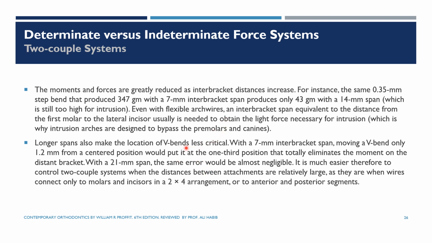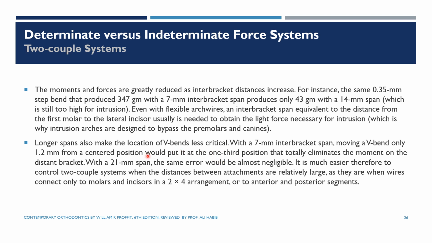This is applied also on the V-bend. It makes the location of the bend less critical when we use a long span. That's why, as I told you before, determining exactly the position of the V is very difficult when we use it in the intrusion arch.